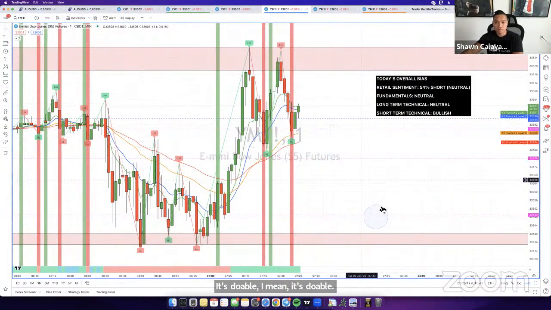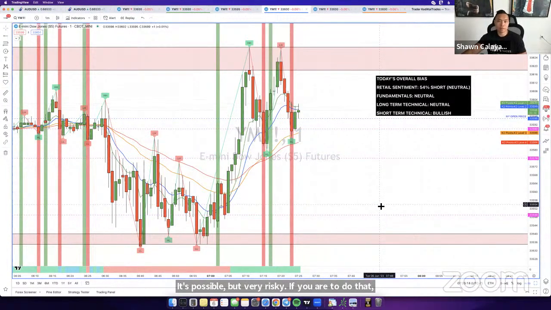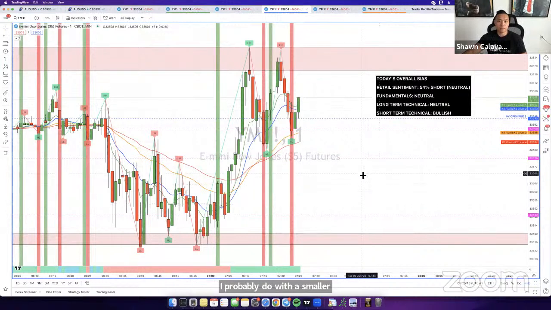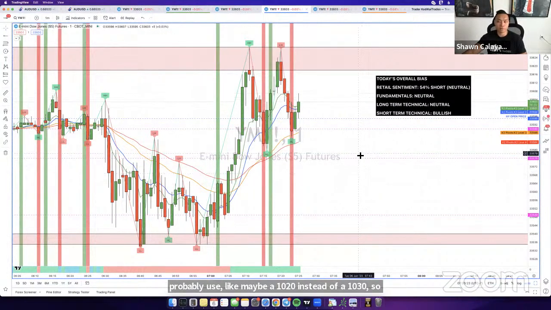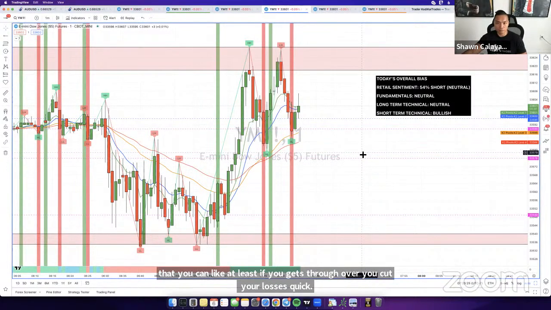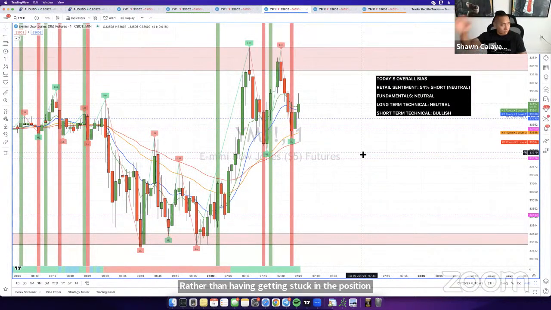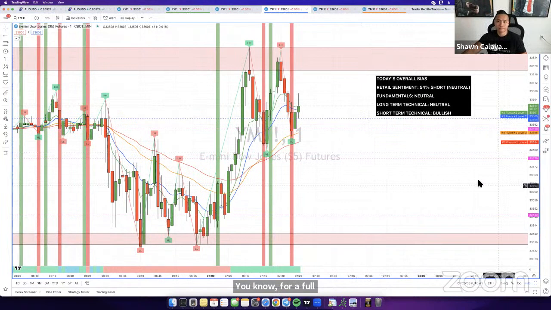If you were to do that, I'd probably do a smaller TP stop loss. Like maybe a 10-20 instead of a 10-30, so that if you get screwed over, you cut your losses quick, rather than getting stuck in the position for a full loss, especially for a move like that, because it's just too risky.